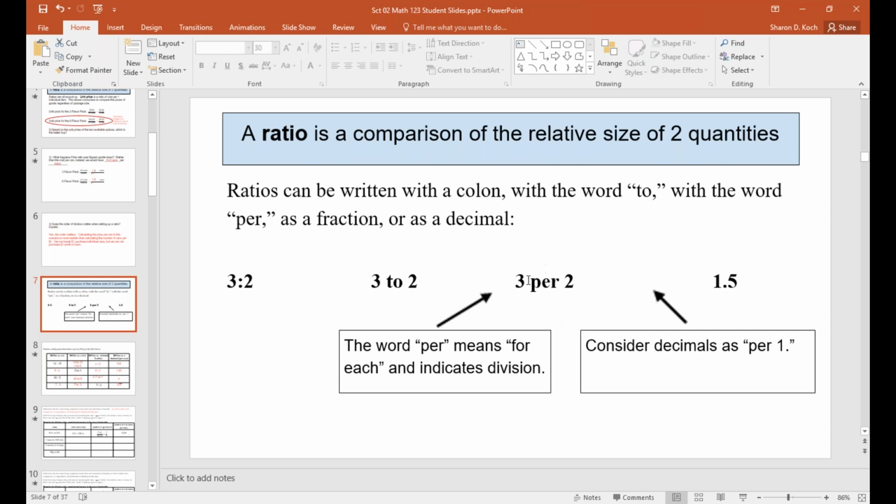Most of the time, you're going to see something written as "per." So remember price per can. Per means to divide. Or once we divide it out, we'll list it as a decimal. Now this decimal means, since I have 1.5 here, it means 1.5 per one of whatever that denominator is.